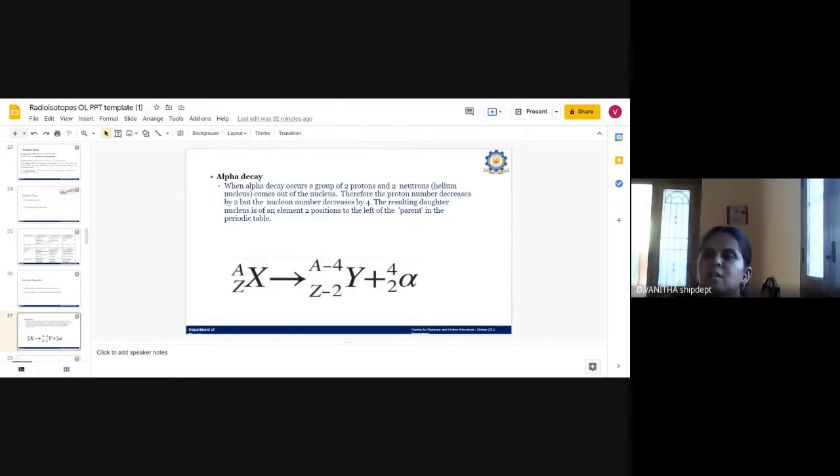So when one alpha particle is emitted from an unstable nucleus, 4 is subtracted from the mass number and 2 is subtracted from the atomic number. So the resultant equation is A minus 4, Z minus 2, plus the alpha particle or helium nucleus, with mass number 4 and atomic number 2.